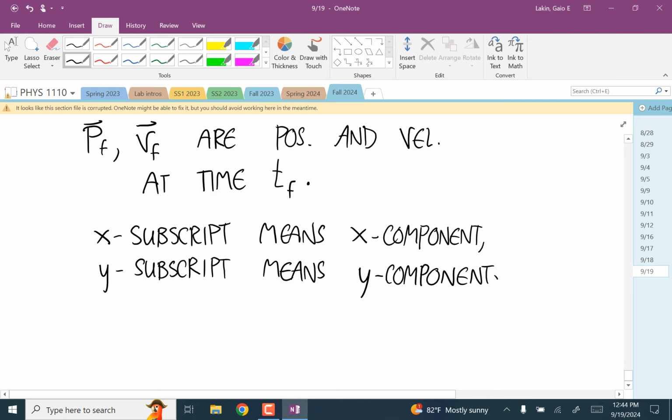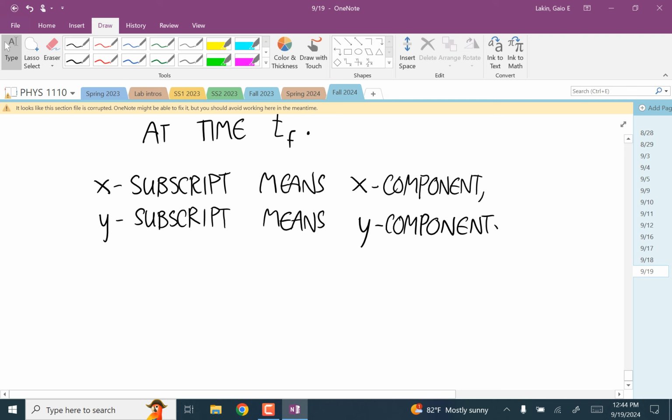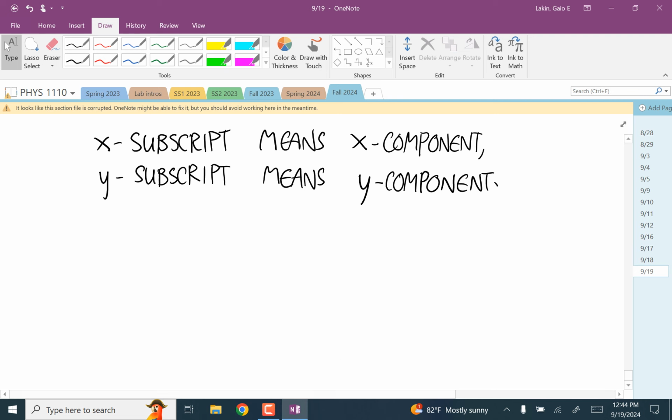With all that, there are 6 constant acceleration equations. But I want you to notice they have the exact same form as the 3 constant acceleration equations in 1D. So here's what they are.